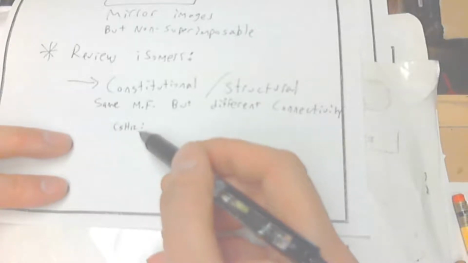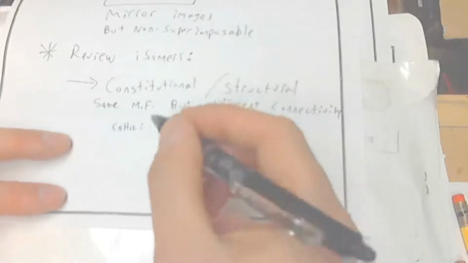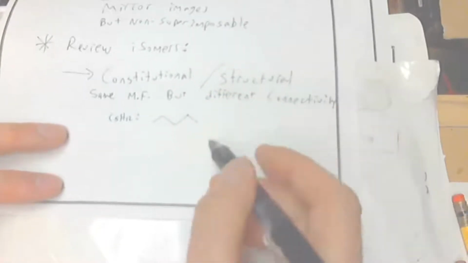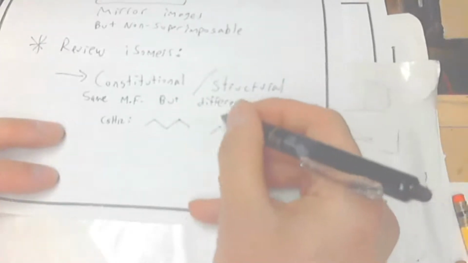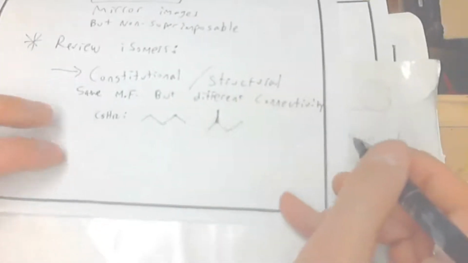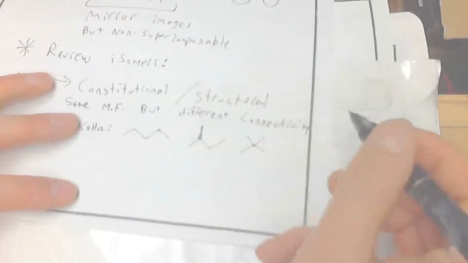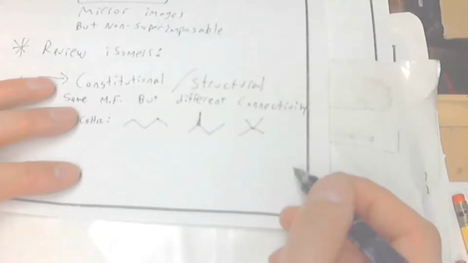If we draw these real quick, we've done this a few times now: 5 carbons in a chain, then 4 carbons with a methyl, and 3 carbons with 2 methyls. I think those are the ones.